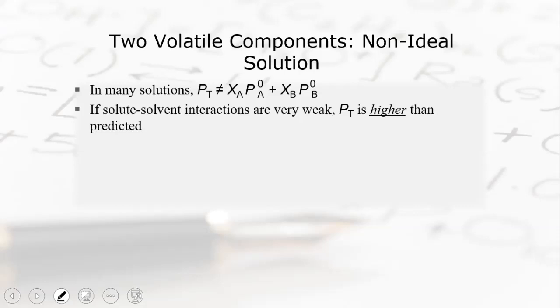And if they get a chance to skip the party, they will. And so because those interactions are not that strong, the liquid simply vaporizes, not in proportion to its mole fraction, but perhaps a little more than its mole fraction. And as a consequence, the total vapor pressure is actually higher than predicted.